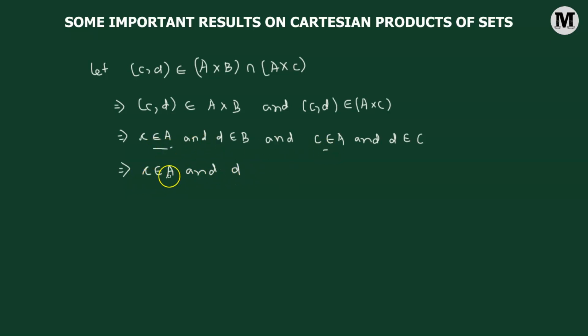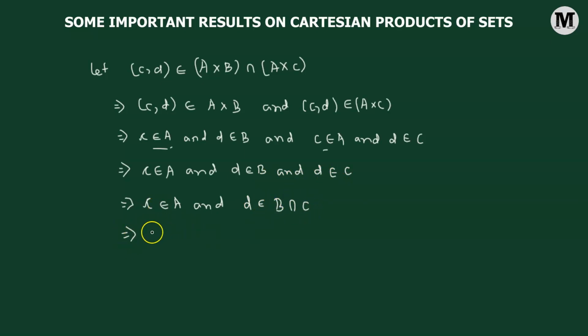We can say that C belongs to the set A, and D belongs to the set B and D belongs to the set C. This implies that our element C belongs to the set A, and D belonging to B and D belonging to C can be combined as D belonging to B intersection C.